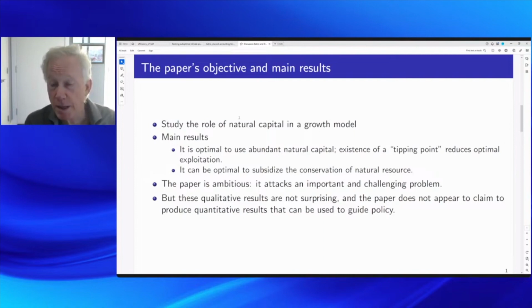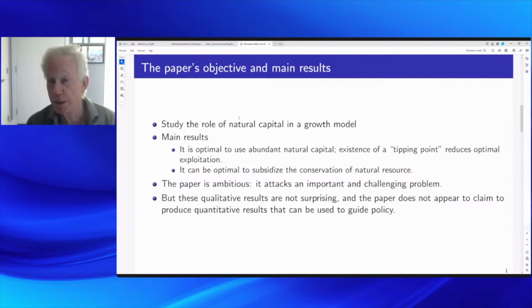And this paper really makes a great attempt to calibrate the model, but in its current state, I don't think that the qualitative results are directly usable for guiding policy. And I don't really mean that as a criticism.